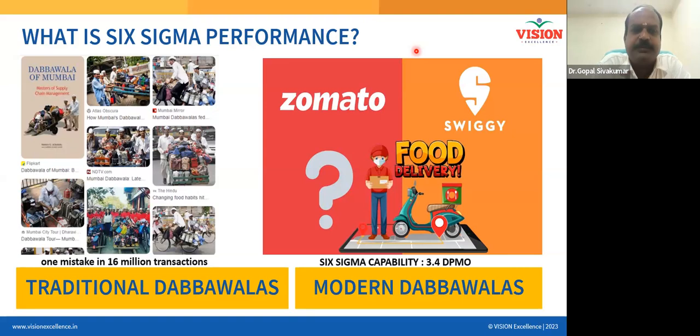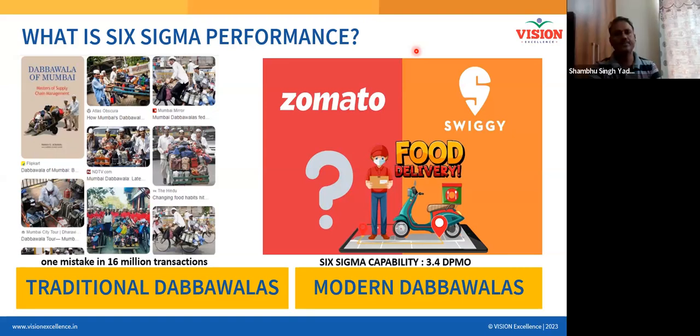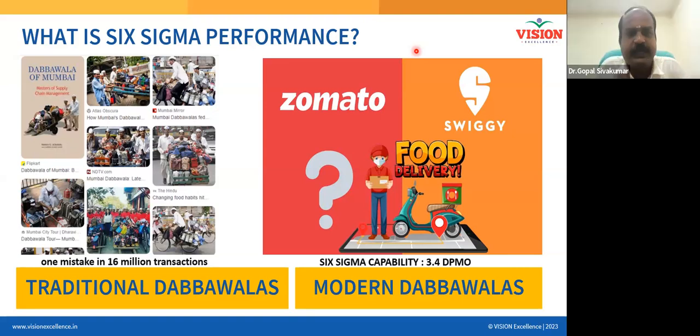Suppose the food packet is completely damaged, the sambar, chutney and everything is mixed up for you. You want to mix it by yourself, isn't it? But if the packet is damaged, all these things can happen in transit itself. And this is the second defect.